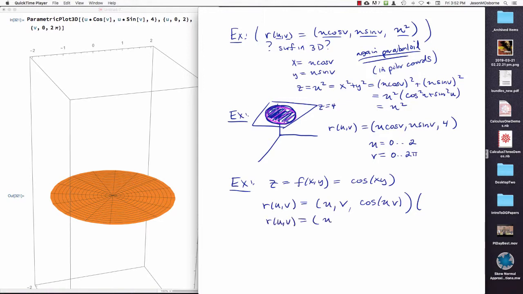So x is equal to u, y is equal to v, and whatever function, you just put x in for u and y in for v. This is often called the Monge parametrization.